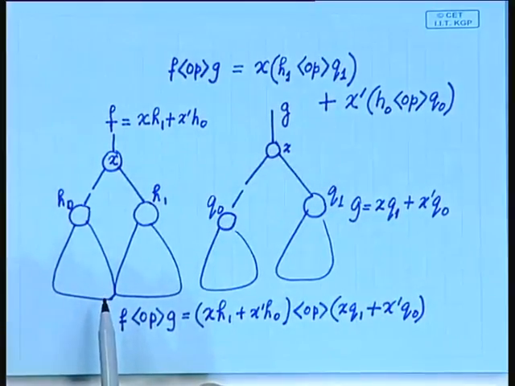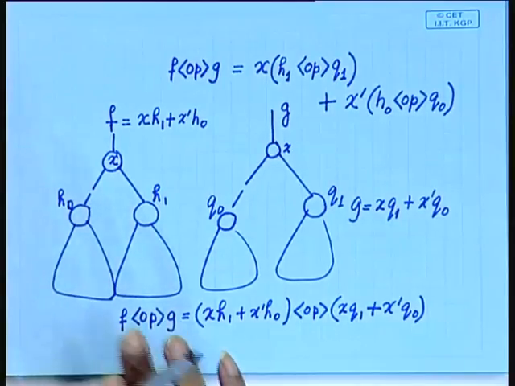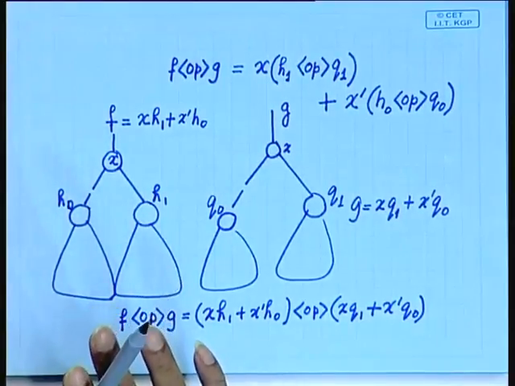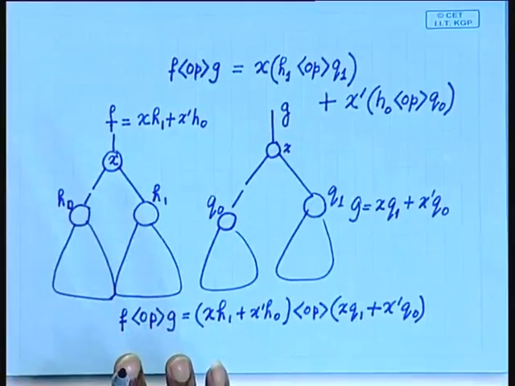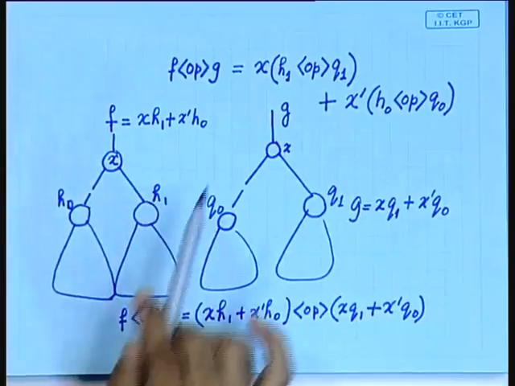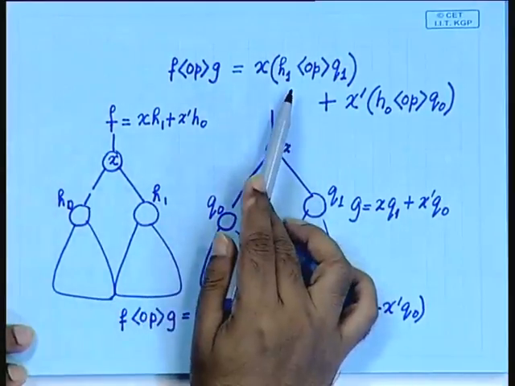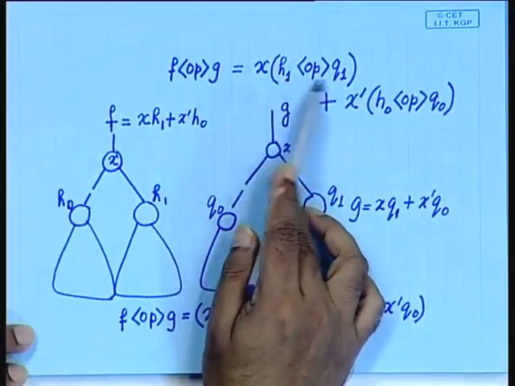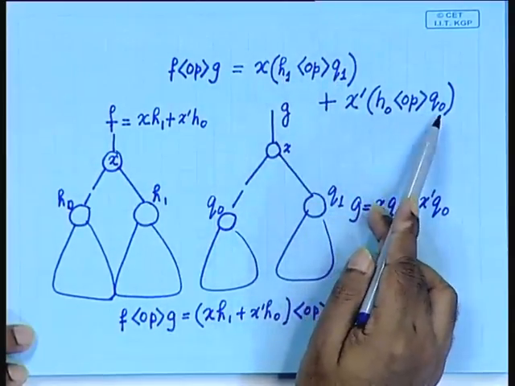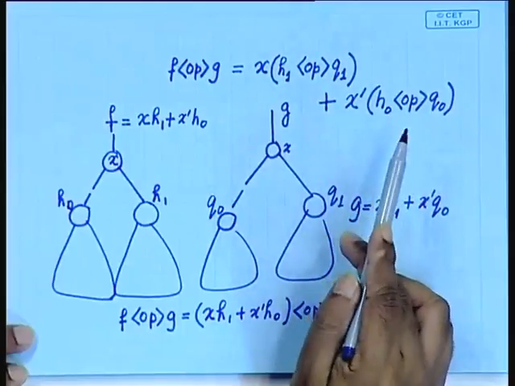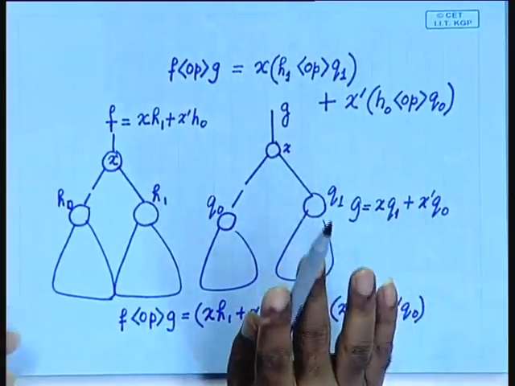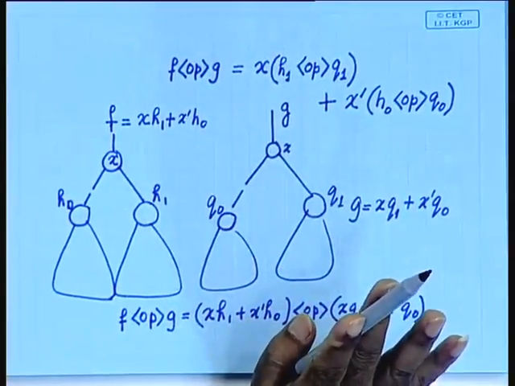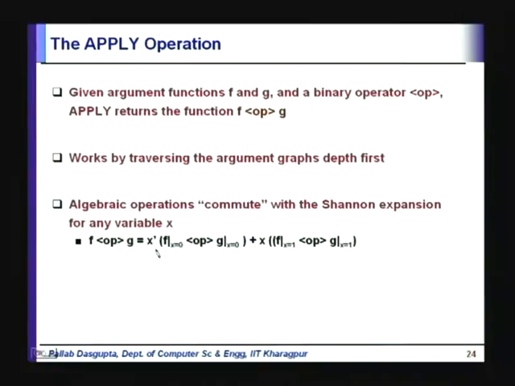Now, did you notice one very interesting thing here? We did all this without care for what op is. We have never used what op is here. We have reduced it to h1 op q1 and h0 op q0 without considering what op is. Now, that is a very interesting thing.